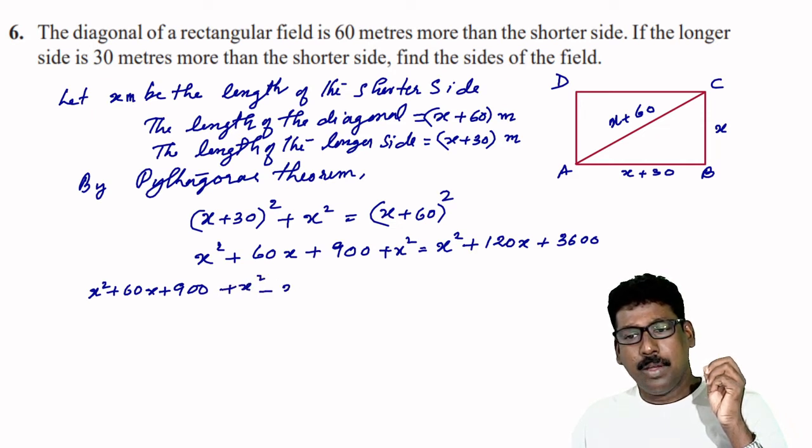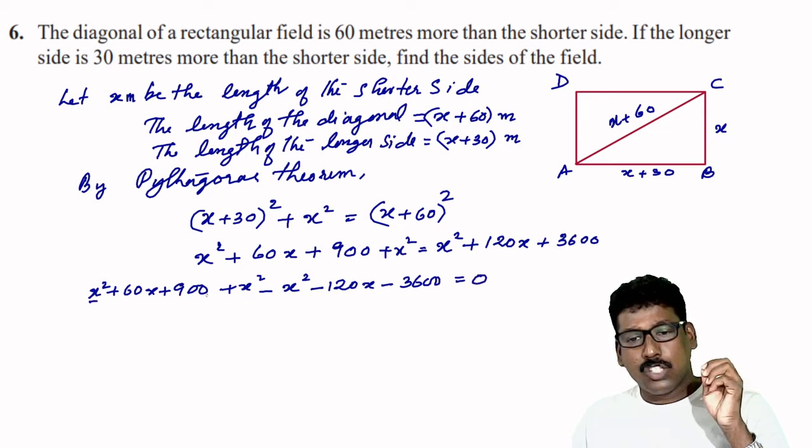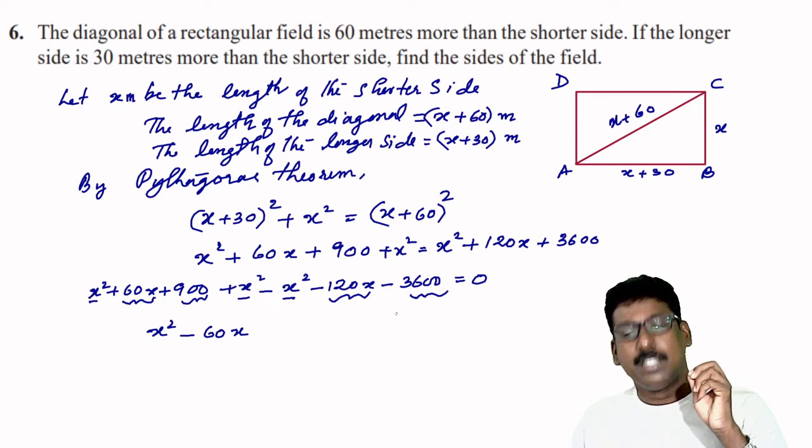Now transposing, it will be minus x square minus 120x minus 3600 is equal to 0. x square plus x square is 2x square, minus x square means it will be x square. Now 60x minus 120x, that is minus 60x. Now 900 minus 3600, it is minus 2700 is equal to 0.